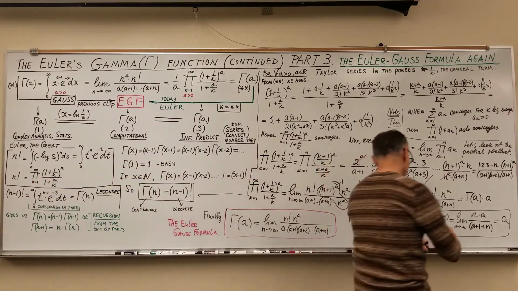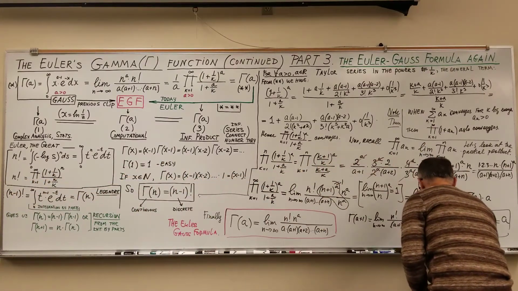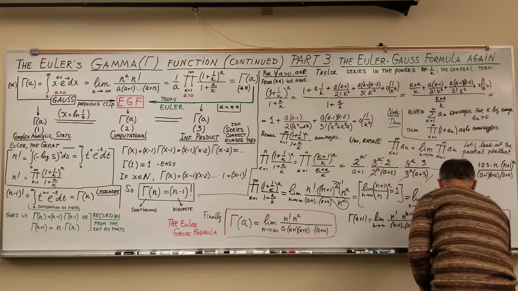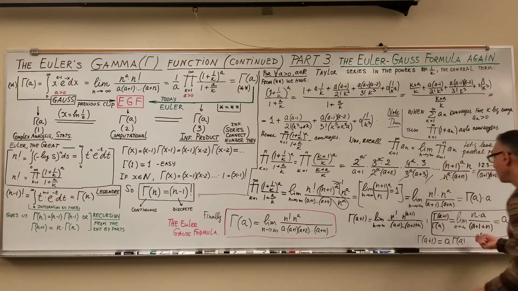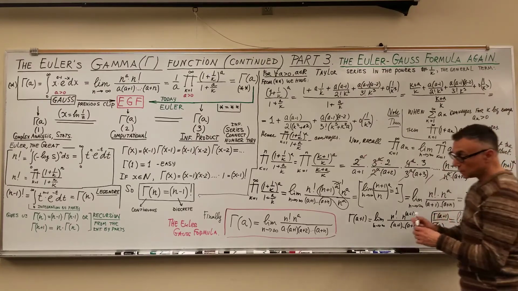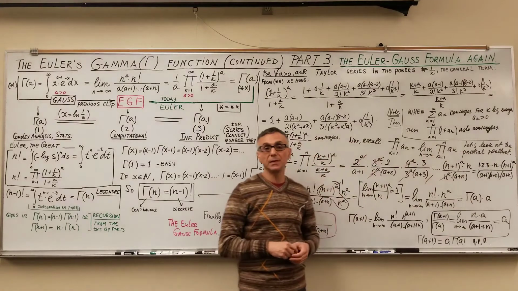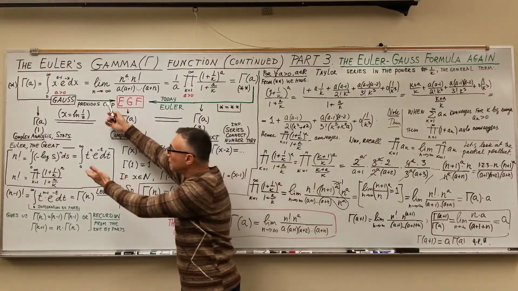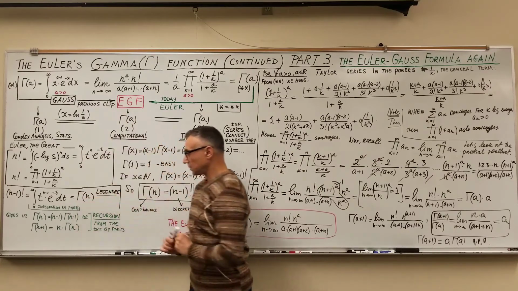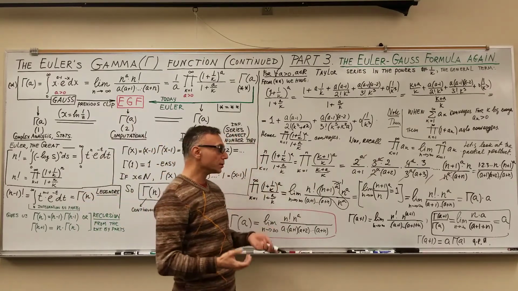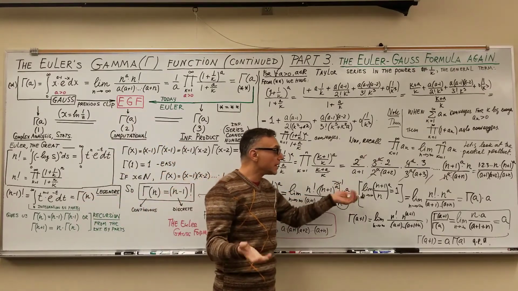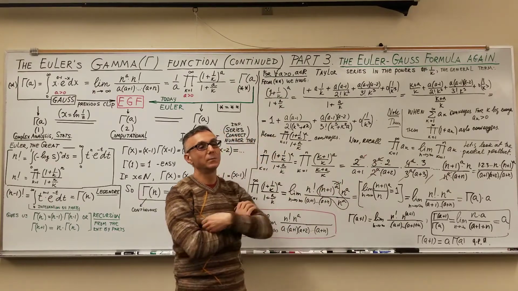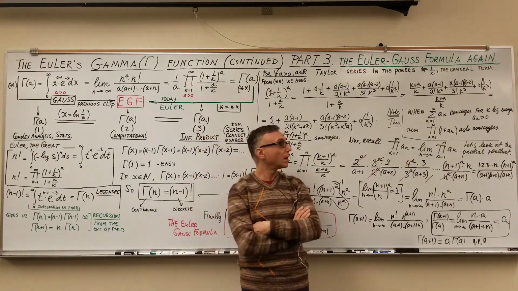So from here, gamma of a plus 1 is equal to a multiplied by gamma of a. We just showed the recursive property of the gamma function, not just using its improper integral version, the continuous version, but also using the discrete nature, the infinite product nature.